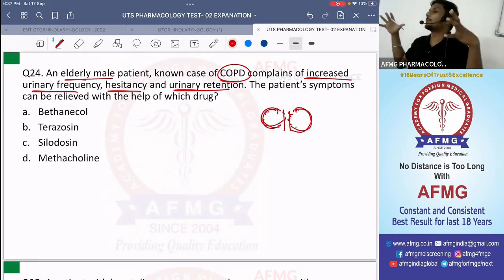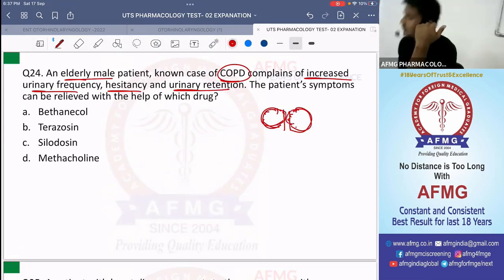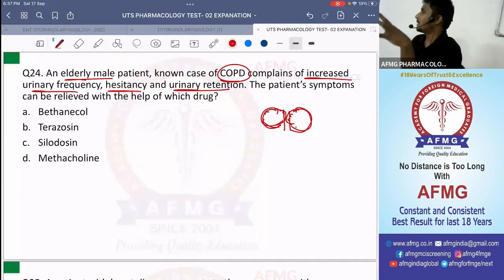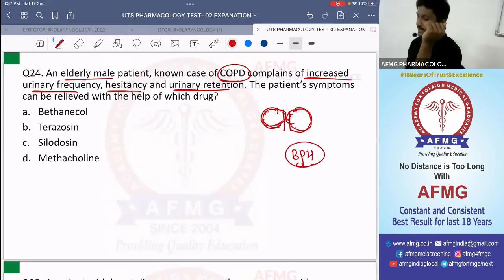So there is a hypertrophied prostate compressing the urethra, and therefore the urine is not able to come out properly, and therefore the patient has urinary symptoms like urinary frequency, hesitancy, that means difficulty in initiation of urine, and urinary retention. Okay? So these are features of benign prostatic hyperplasia, which is usually seen in which patient? Elderly males. The patient's symptoms can be relieved with the help of which drug?